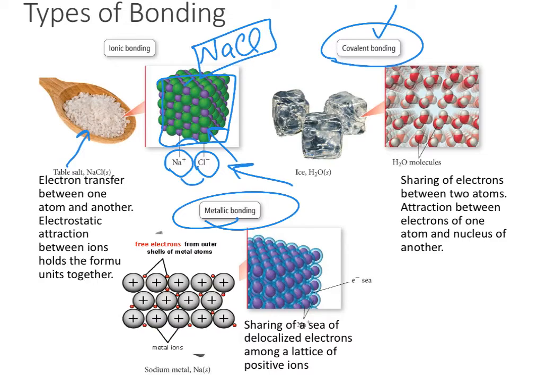And because the electrons in metals are so loosely held, when a metal just exists by itself, all of the electrons in all of the metal atoms tend to just associate with each other. We call it a sea of electrons. They all kind of float to the surface and associate with each other. There's some level of attraction there between the electrons and all the nuclei of the different metal atoms.